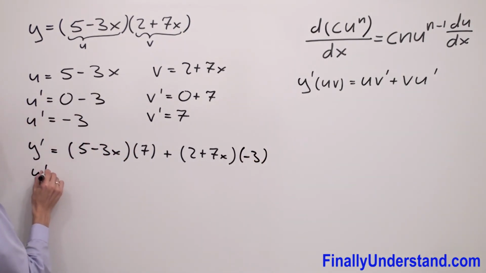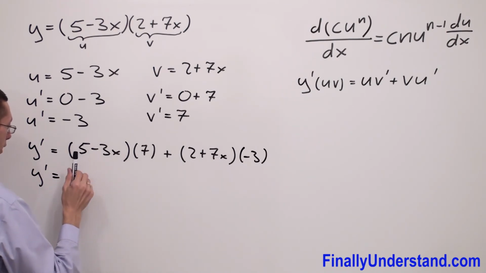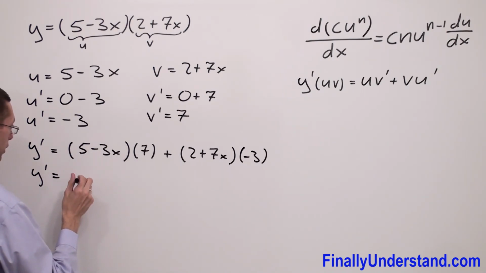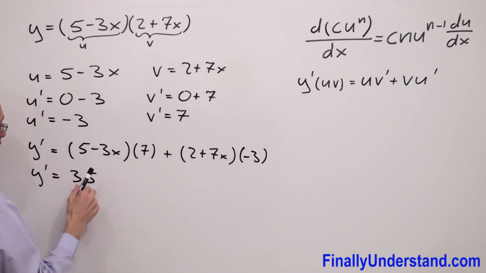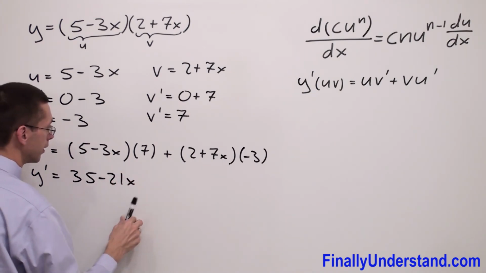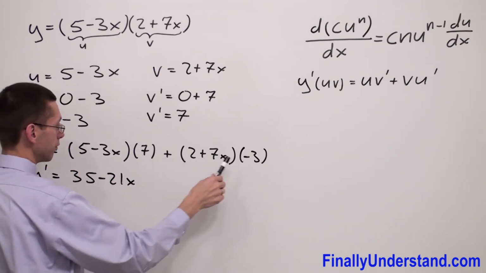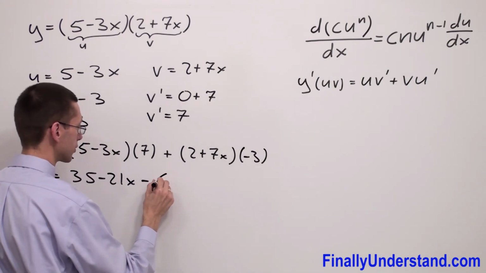So y prime is equal to 7 times 5 is equal to 35. 7 times negative 3x is equal to negative 21x. Now I have negative 3 times 2 is equal to negative 6.